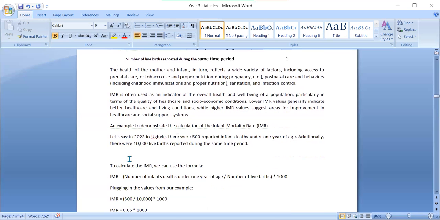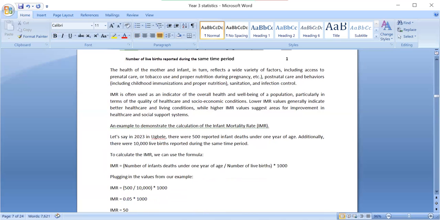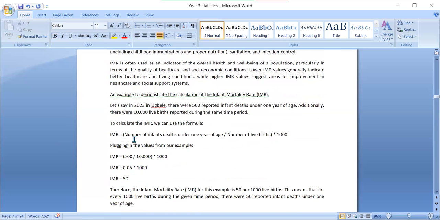Take, for example, in 2023 in Ubele, there were 500 reported infant deaths under 1 year of age, and in that year, there were 10,000 live births reported. Calculate the IMR. Applying the formula, number of infant deaths under 1 year of age divided by number of live births times 1,000, we have 50. So the IMR is 50.